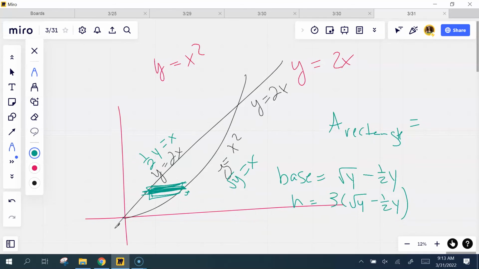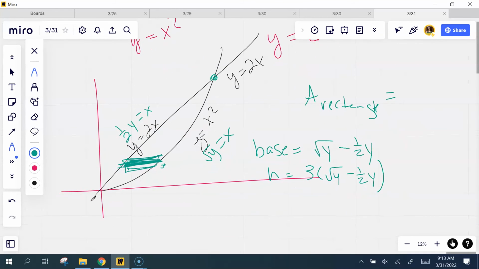Volume, of course, I need this intersection point, right? And that intersection point is easy to find. What is it? Can't have a calculator on this one. So when does x squared equal 2x? Where do they intersect? At 2. Right? So 2, 4 is the intersection. But remember, I'm using y's and not x's.